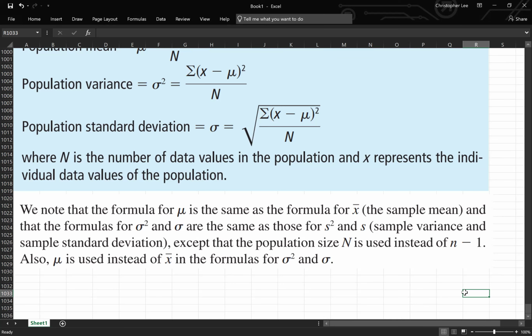Also mu is used instead of x bar in the formula for sigma squared and sigma. Sigma squared is our population variance. Sigma is our population standard deviation. Just for your knowledge, not being asked on your test.